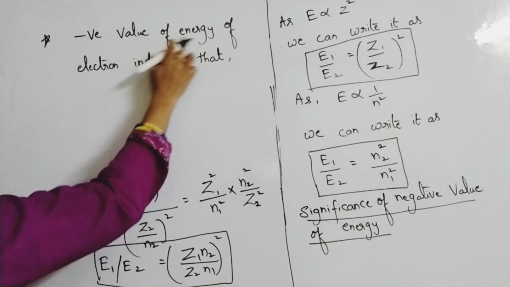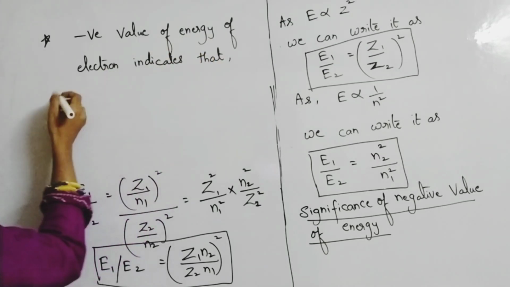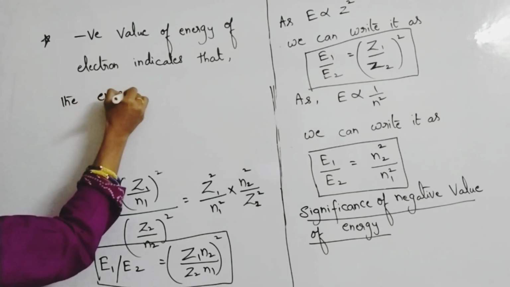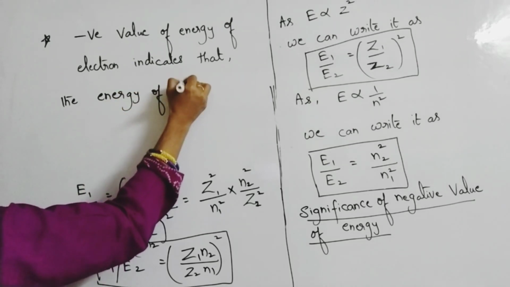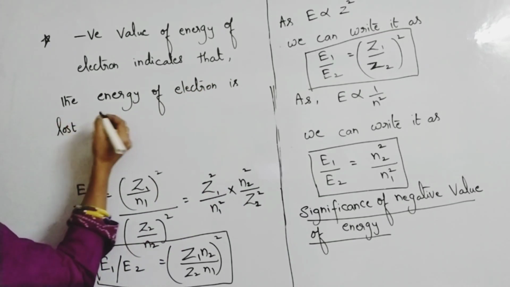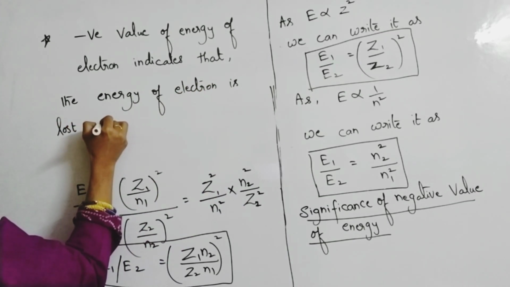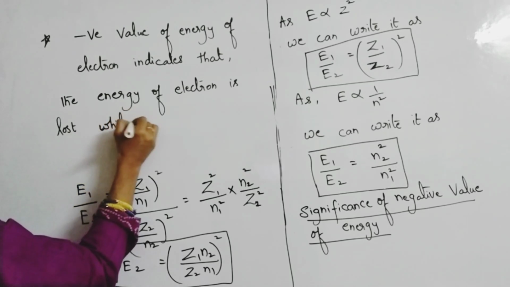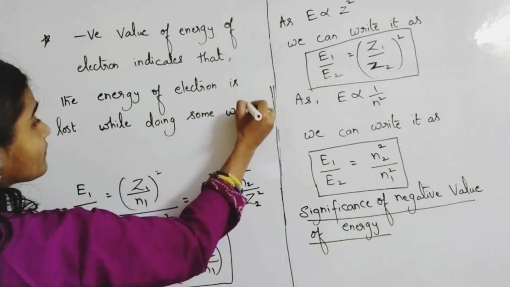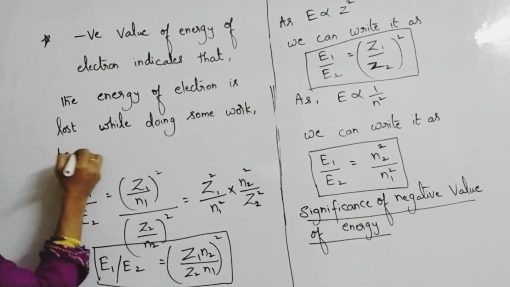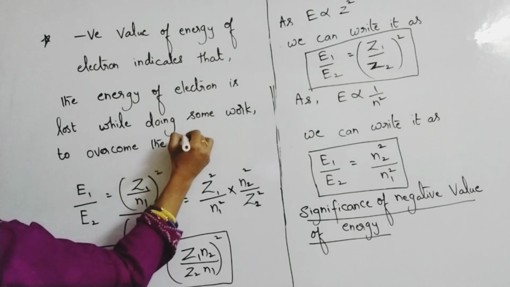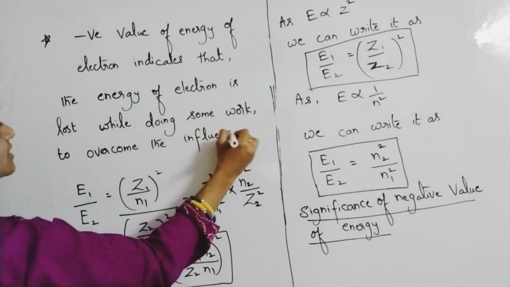The negative value of energy of the electron indicates that the energy of the electron is lost while doing some work to overcome the influence of the nucleus.